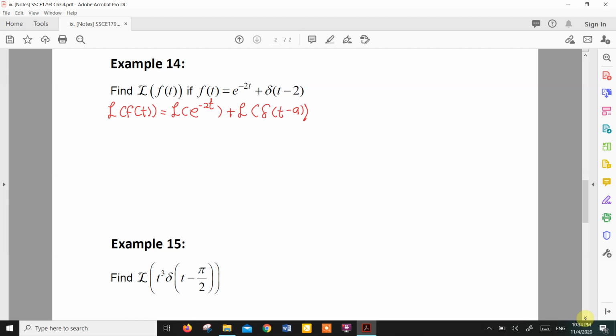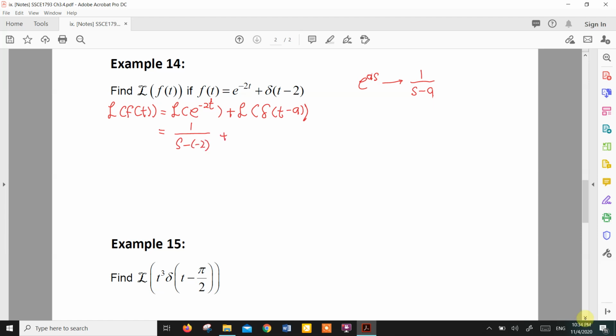So the Laplace transform of e to the power of negative 2t you can get from the table. So from the table, if your f(t) is e to the power of at, then your F(s), or the Laplace transform of this function, will be 1 over s minus a. So this one, it is equals to 1 over, your a is negative 2, so s minus negative 2.